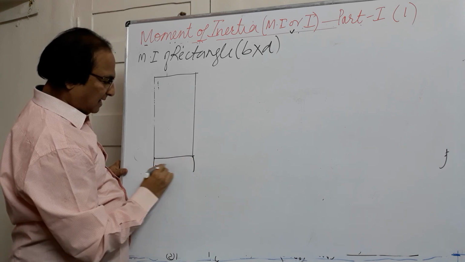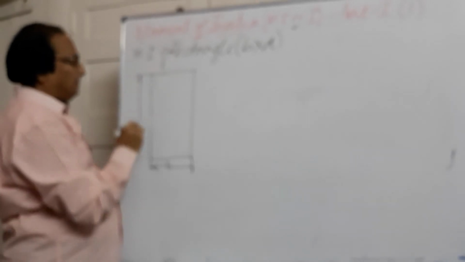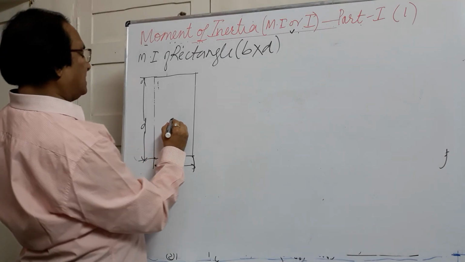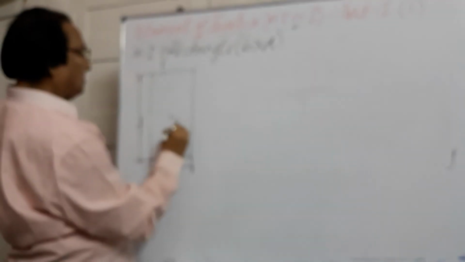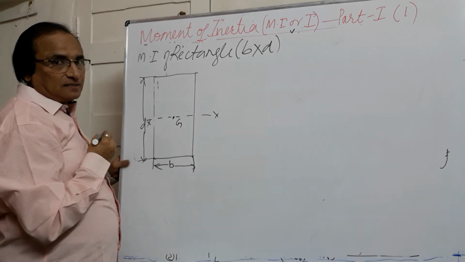The width of the rectangle is say B and the depth of the rectangle is say D. We know the centroid of a rectangle is at the center. This is the centroid. If I pass an axis through this, this will be x-axis.